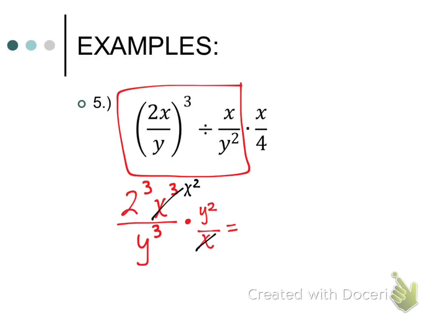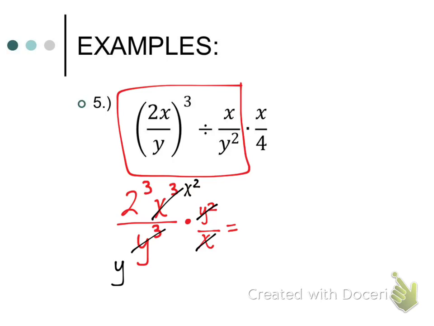Keon, what's something else that'll reduce? The y's, and what are we left with? Y to the first in the top or the bottom? Bottom. Okay, remember we subtract the exponents and put whatever's left wherever the bigger exponent started.